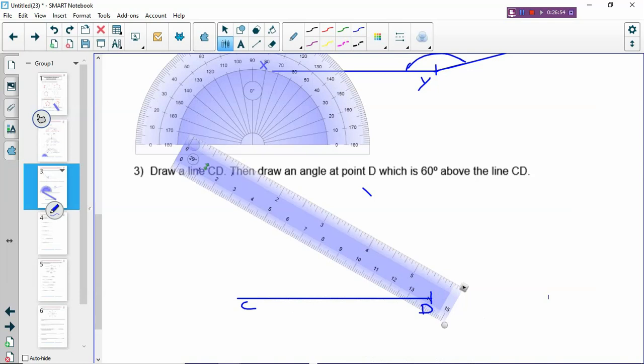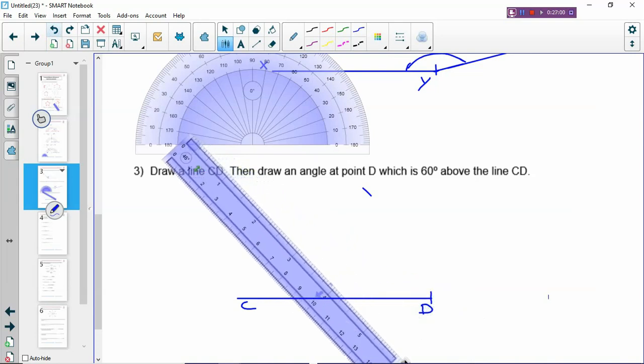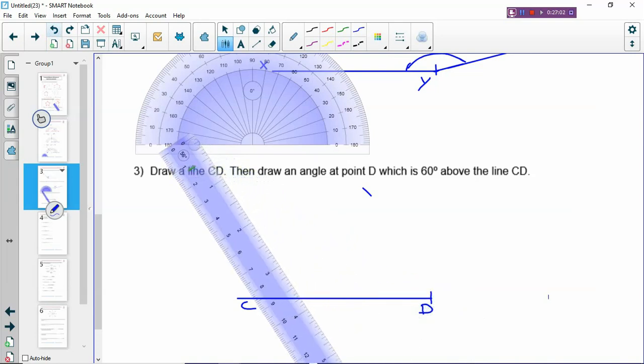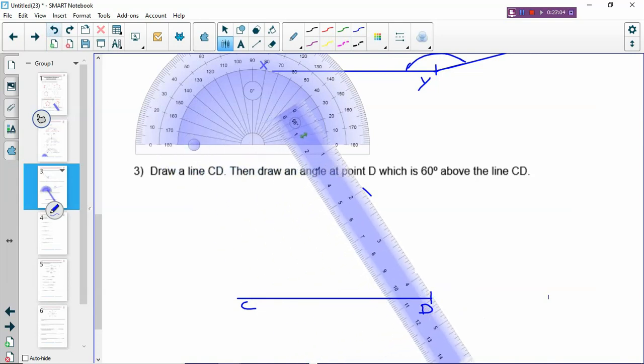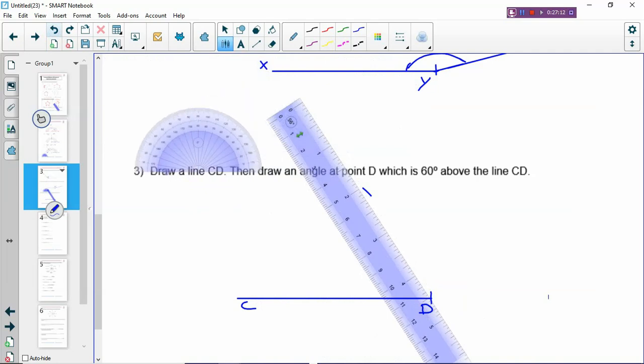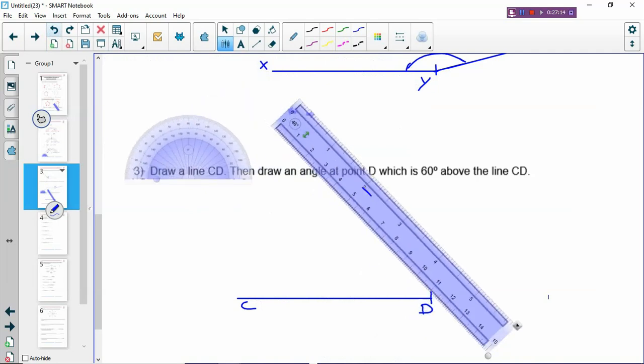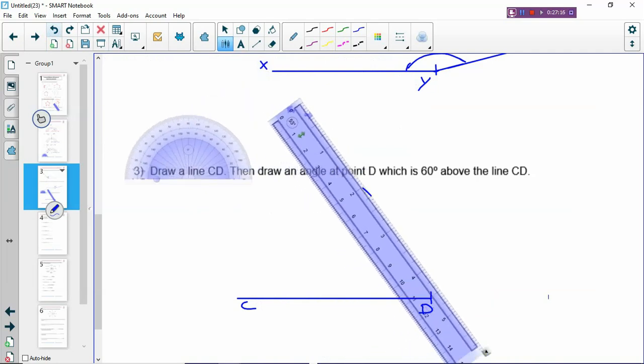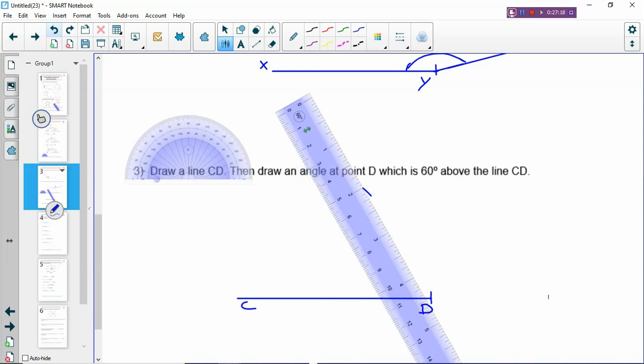Then you have to place your ruler. It has to cut through the marking, and it has to also cut through the point D, right? Let me just remove the ruler, and something like this.